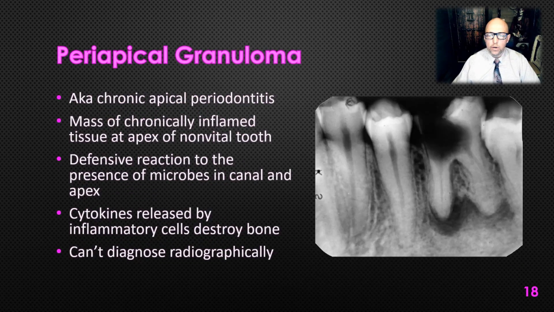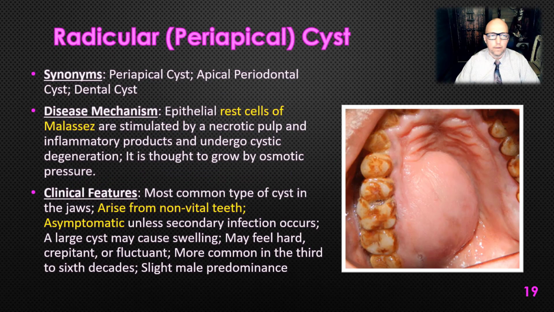And so, radiographically, we can't really distinguish between these two, but granuloma usually infers more of the chronic apical periodontitis. The chronic granuloma is what we're going to call it. So, not a radiographic diagnosis, more of clinical and the other signs and symptoms that are going to lead you to whether it's a granuloma or abscess.